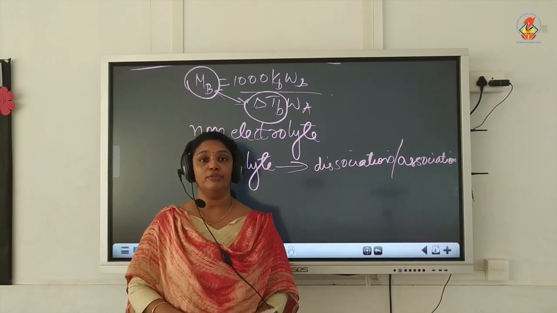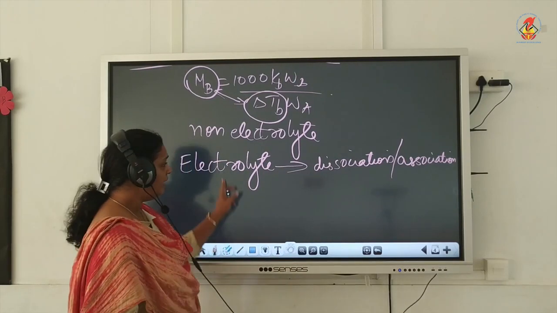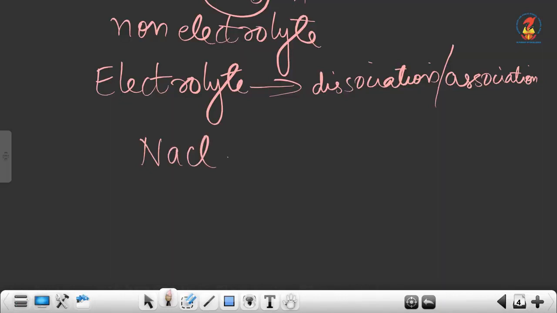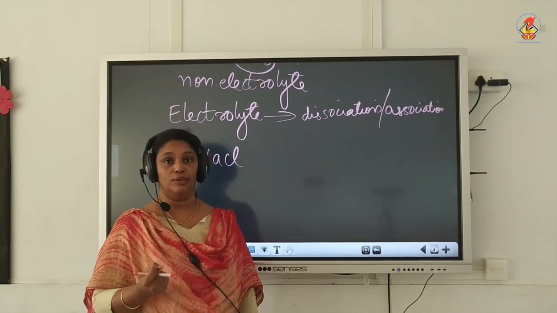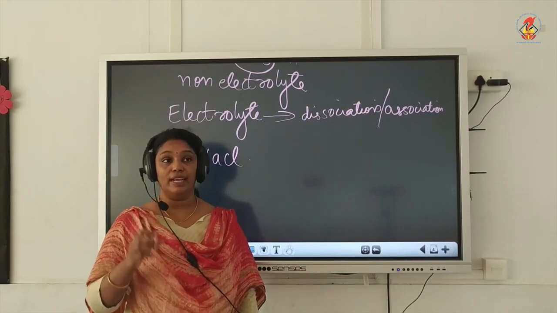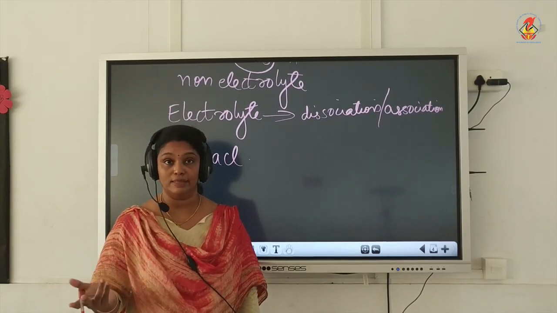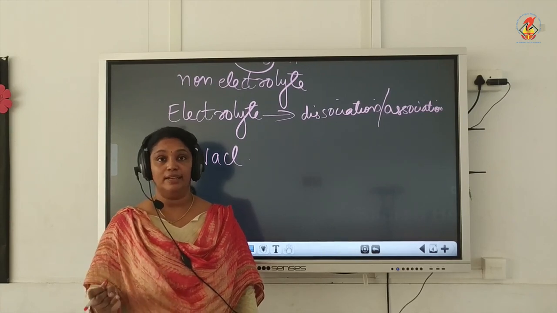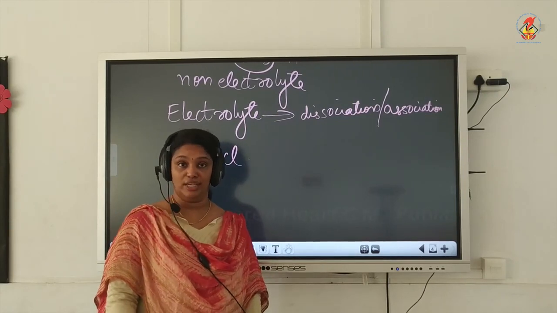Now I am going to give an example for dissociation and association of solute. Suppose I add sodium chloride to the solvent. Sodium chloride is a good electrolyte, so it immediately dissociates into Na plus and Cl minus ions. So the number of ions increases because it undergoes dissociation. When the number of ions increases, the number of particles in solution increases.